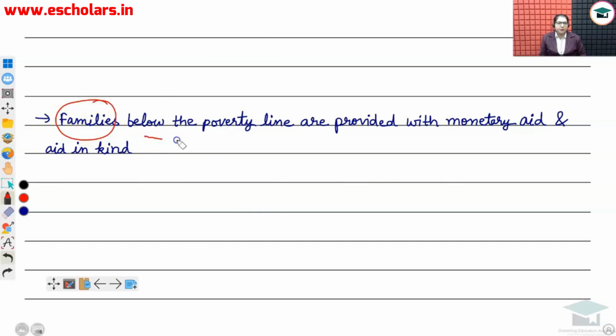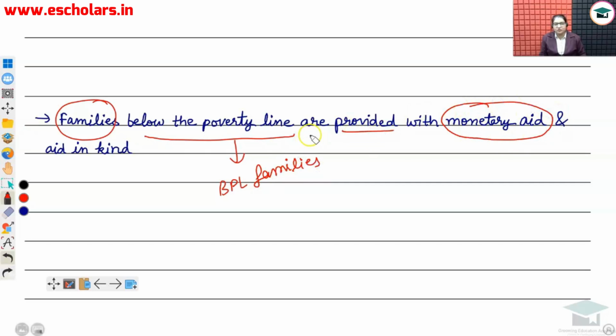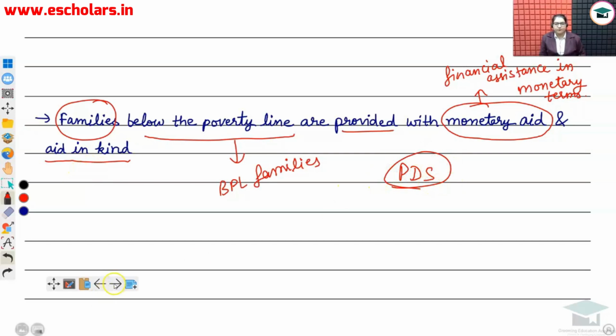Also, the families below the poverty line, that is the BPL families, are provided monetary aid, that is financial assistance in money, and aid in kind, that is assistance in a form other than money. For example, PDS.